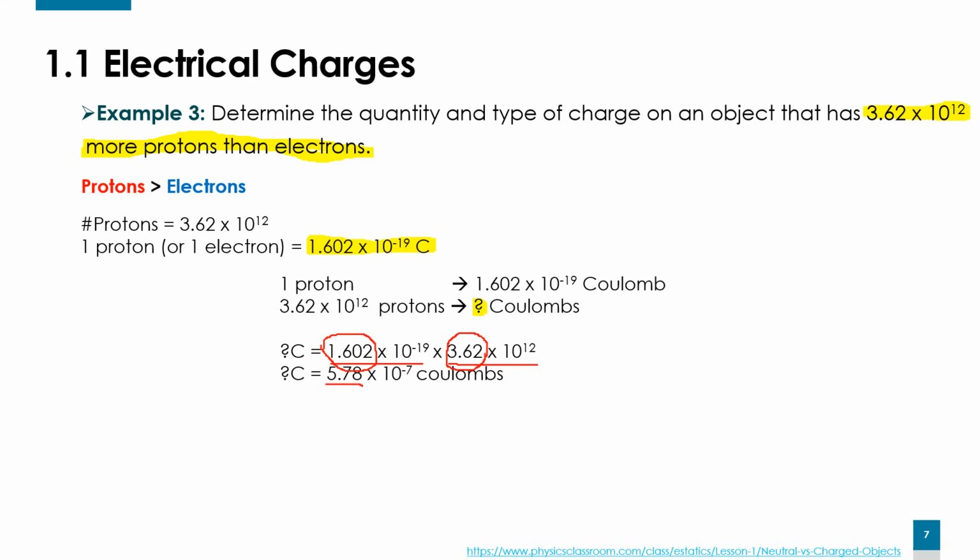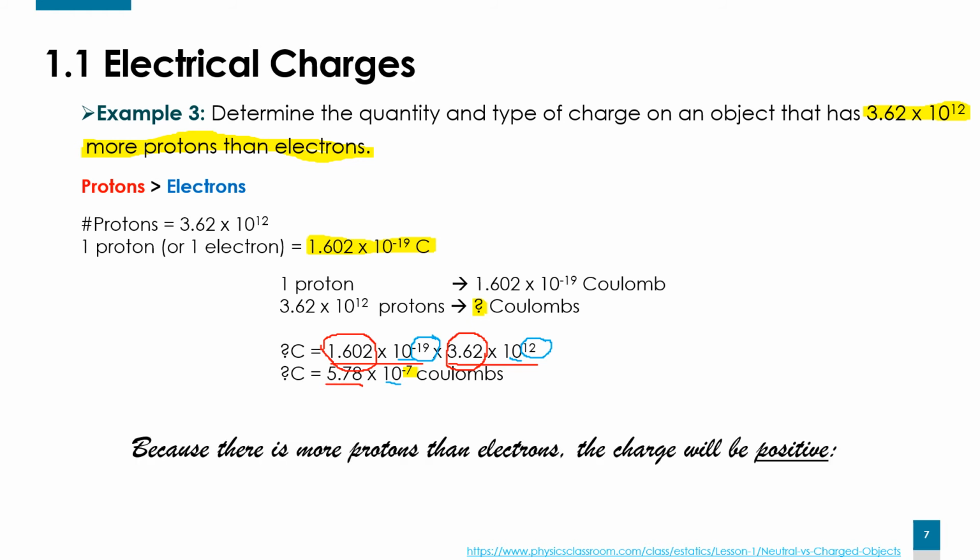Remember, if I have the same base, I just keep the base, and if I'm doing multiplication, I add the exponents. So minus 19 plus 12, what do I get? I get minus 7. So my total charge of all these extra protons is 5.78 times 10 to the power of minus 7 coulomb.